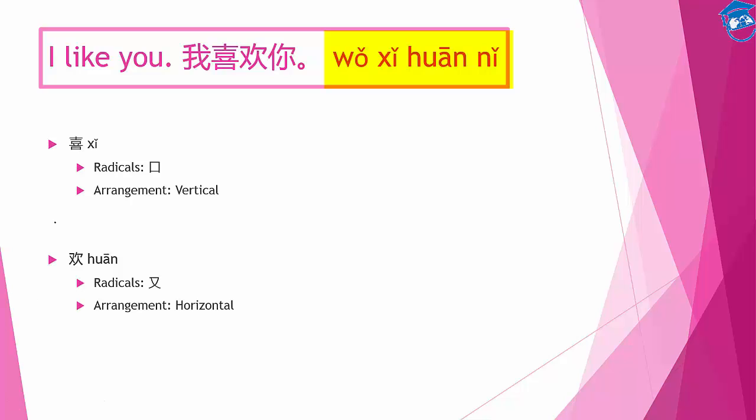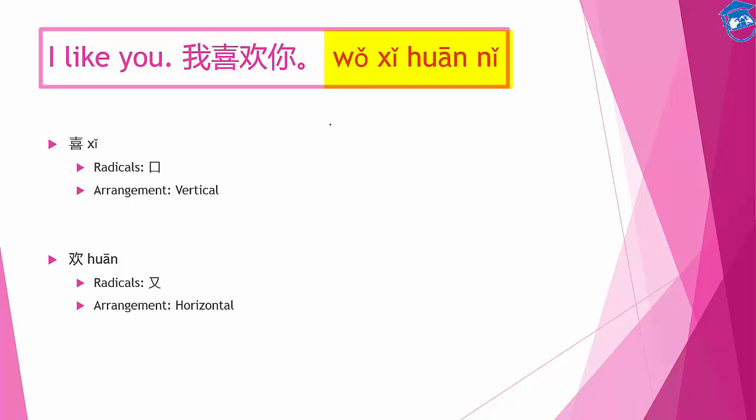So the first word 喜, generally it means happy. So it looks a bit weird in this context, so I'm not going to add any meaning here. I'm only putting the pinyin here, and the radical is one of the components there, so it is this one. And then the arrangement is vertical.